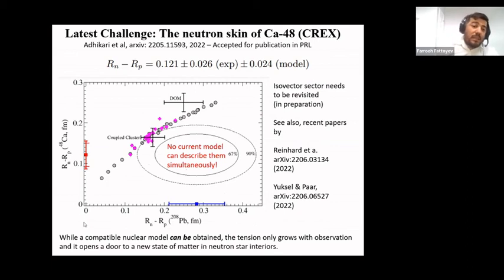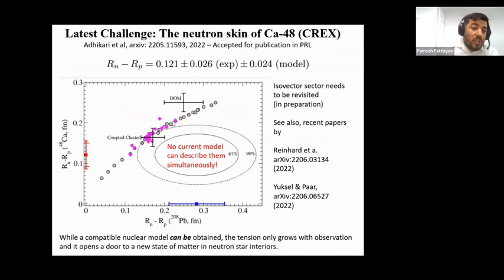It turns out that the neutron skins of calcium and lead are just predicted by models, and these are experimental results that you can see. The experimental result is shown in red. For the neutron skin of calcium, it's about 0.12 fm, and this is the PREX result, 0.28 plus minus 0.07.